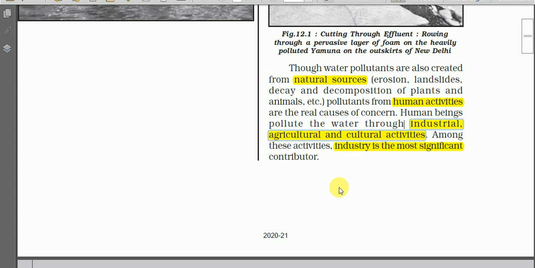So we have three important human activities causing water pollution, and among these three, industry is the most significant contributor.